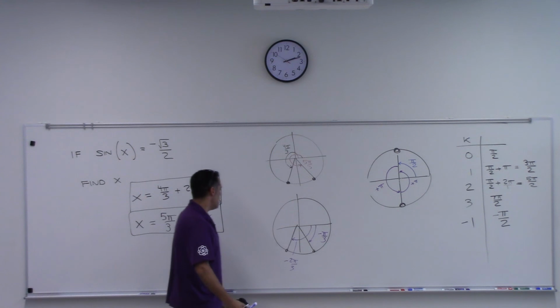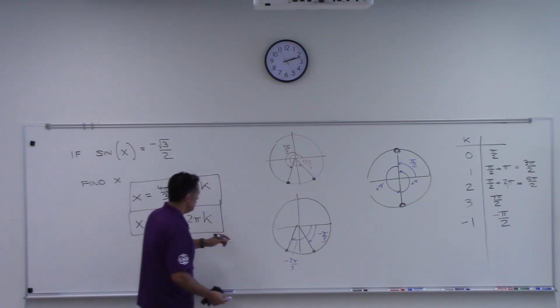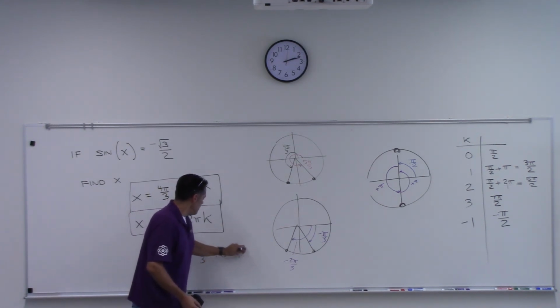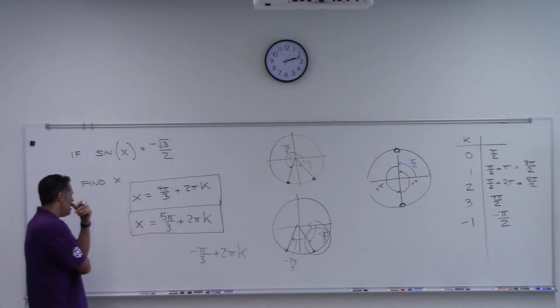For yours, if you did this one, negative pi over 3 plus 2 pi k, that would be this one, right? This answer there.